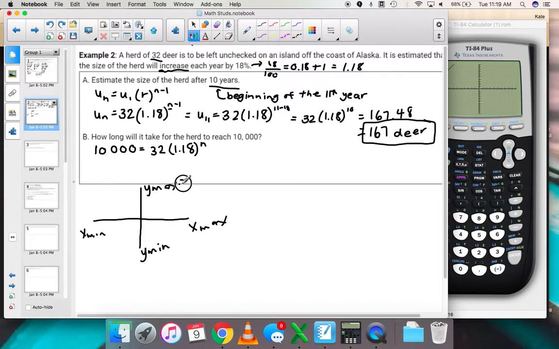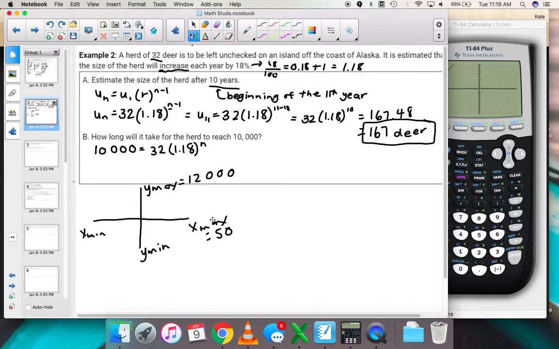So maybe we'll make our y max 12,000. When we're talking about x max, we're talking about the number of years it's going to take for the herd to reach 10,000. It took 10 years for the herd to reach only 167. So it's probably going to take quite a few more years for it to reach all the way to 10,000. So we'll make our x max maybe 50. And we're just making an educated guess here. It could be wrong.